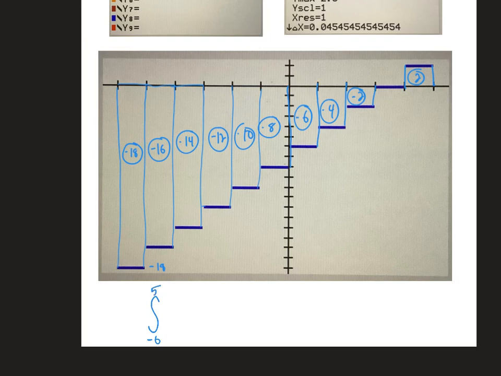That equals negative 90 plus that little 2. That's negative 88.